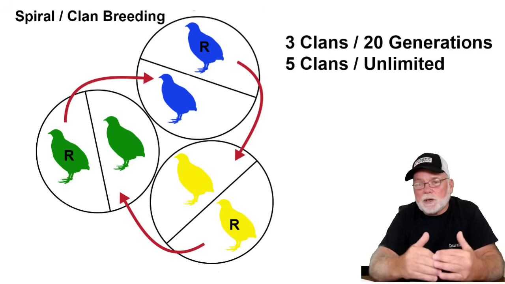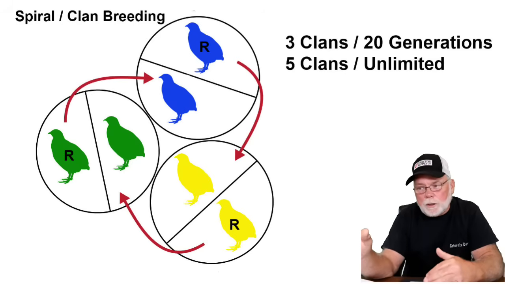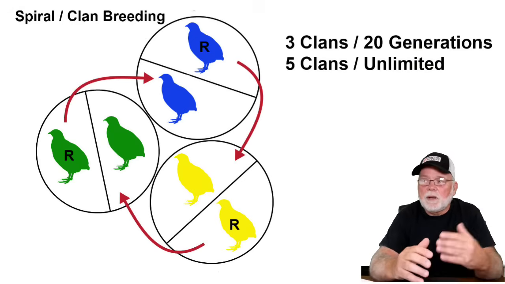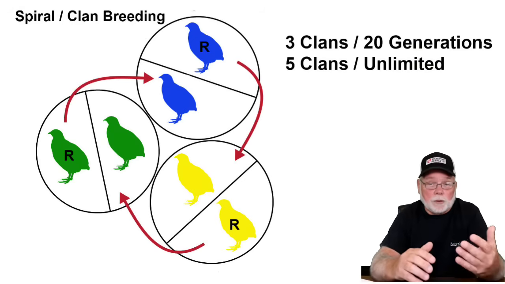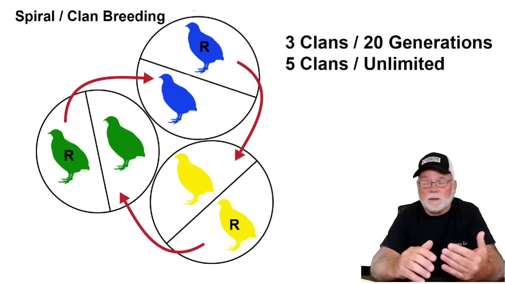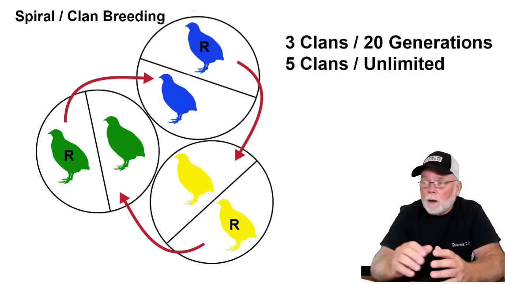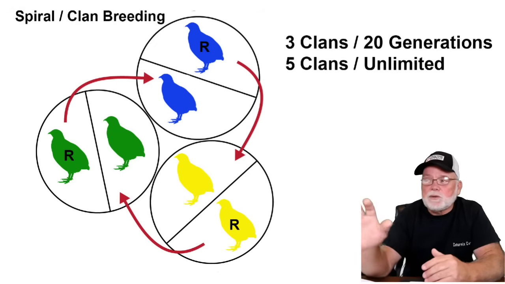When you hatch out chicks from generation one, you are going to select the best of the best. The hens you select are going to grow up and stay in the original colored group.